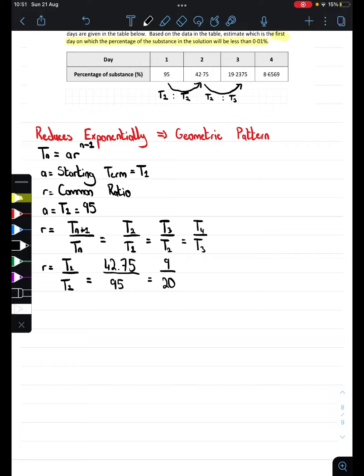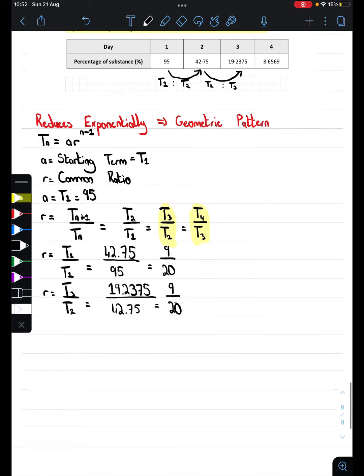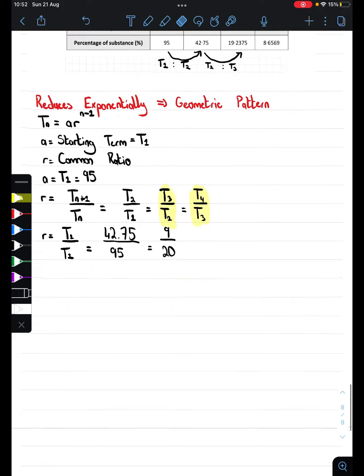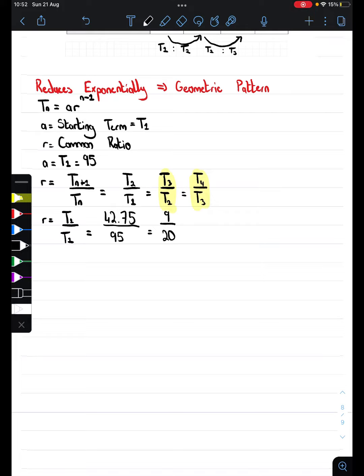And just to show that any of these would work, let's let r equal T3 over T2, and you can check this yourself. 19.2375 over 42.75, and this again equals 9 over 20. Okay, so our common ratio is 9 over 20.